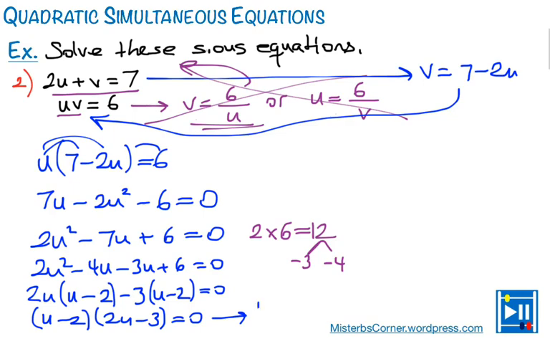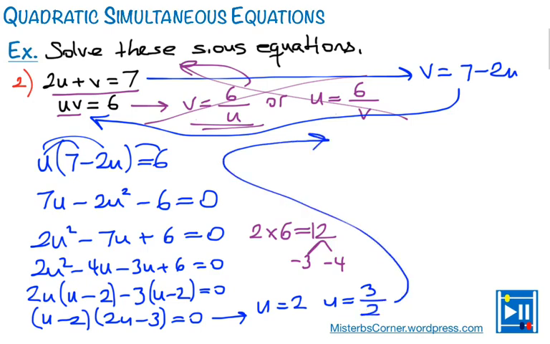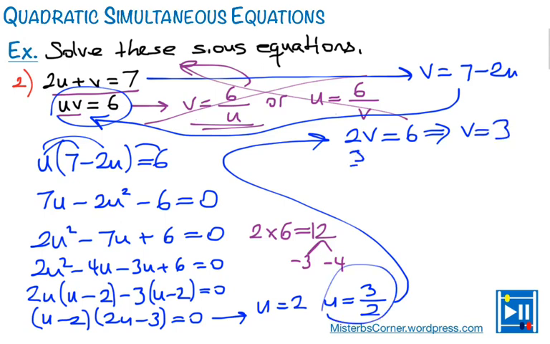Solving the quadratic, you're going to get u equals 2 and u equals 3 over 2, which you have to substitute for v. In the second equation, for u equals 2, v equals 3. And if I substitute the second one, it's going to be 3 over 2 v is 6.